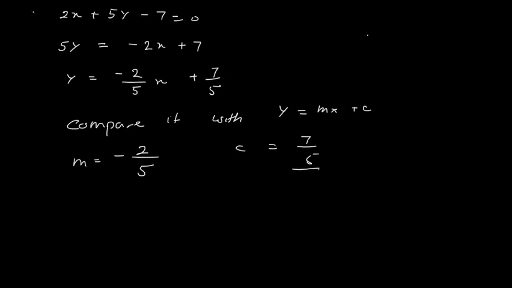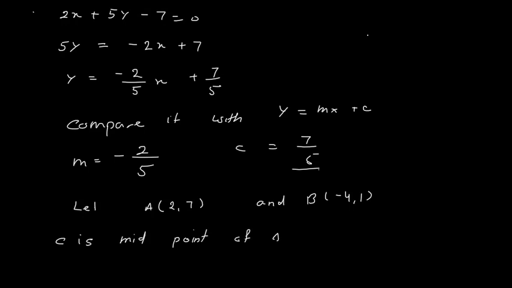Now I will take this point A as 2, 7 and B as minus 4, 1. I will say C is the midpoint of AB.